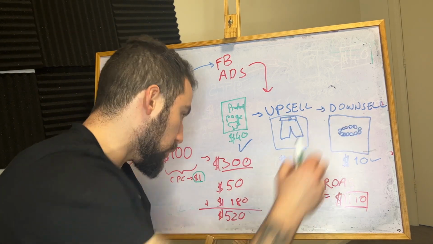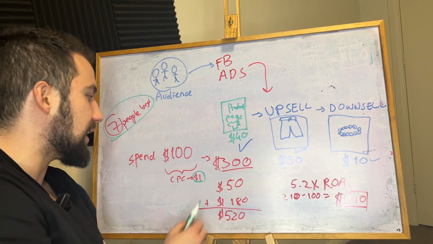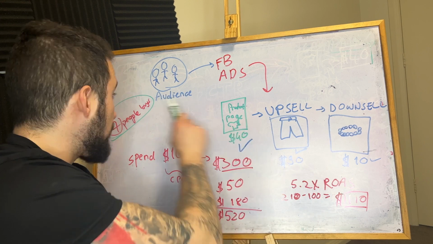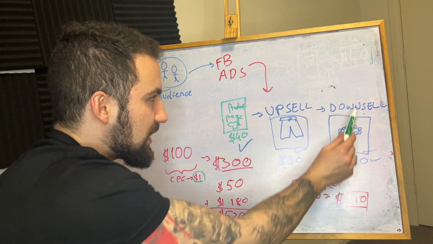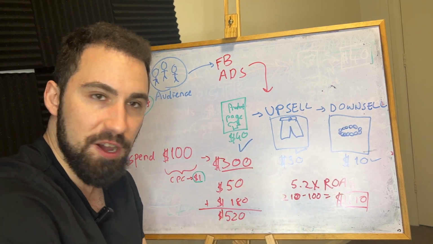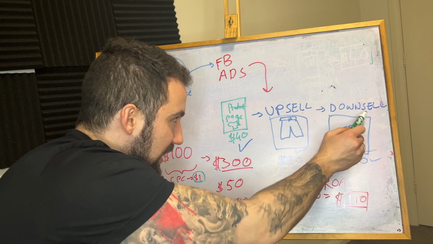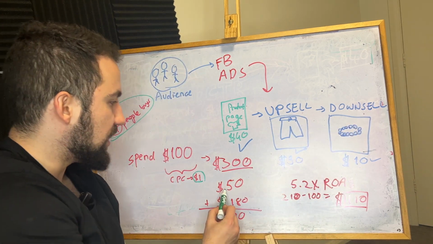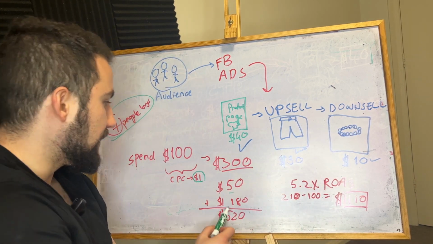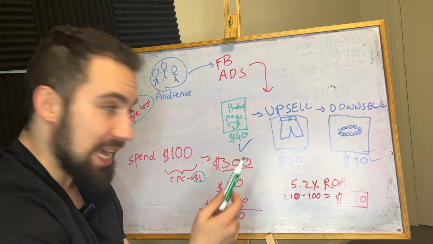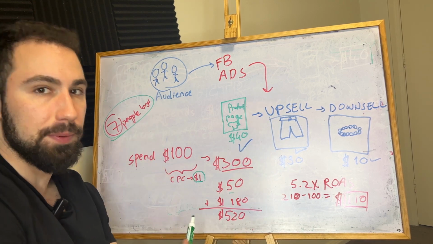Since we included those upsell pages, let's say in this case, out of those 7 people, 5 people say yes to that downsell, right? 5 people said no and then said yes to this downsell. It's $50. In addition, let's say 2 people said yes to the jeans out of those 7 people, right?